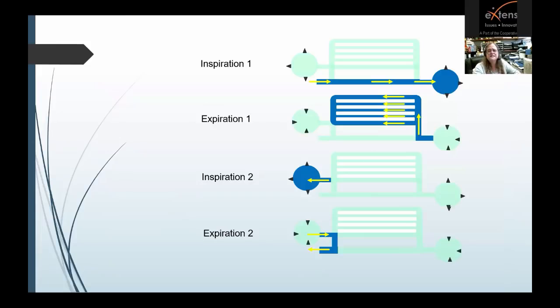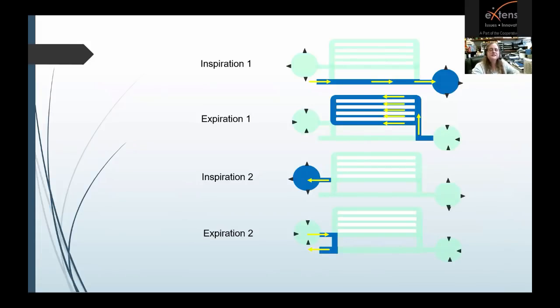As I said, the lungs of the birds are very different. They don't expand and contract like ours do. Air only flows one way through the respiratory system. So you can see here, the blue is air coming in.